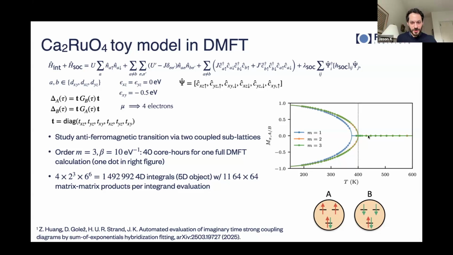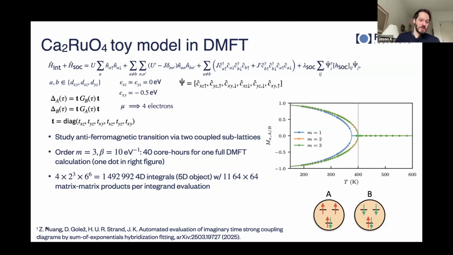Sure. So let me tell you about the additional challenges and what's different. In imaginary time, we have this upper bound on the number of poles given by the DLR, so we know things aren't going to get too bad.